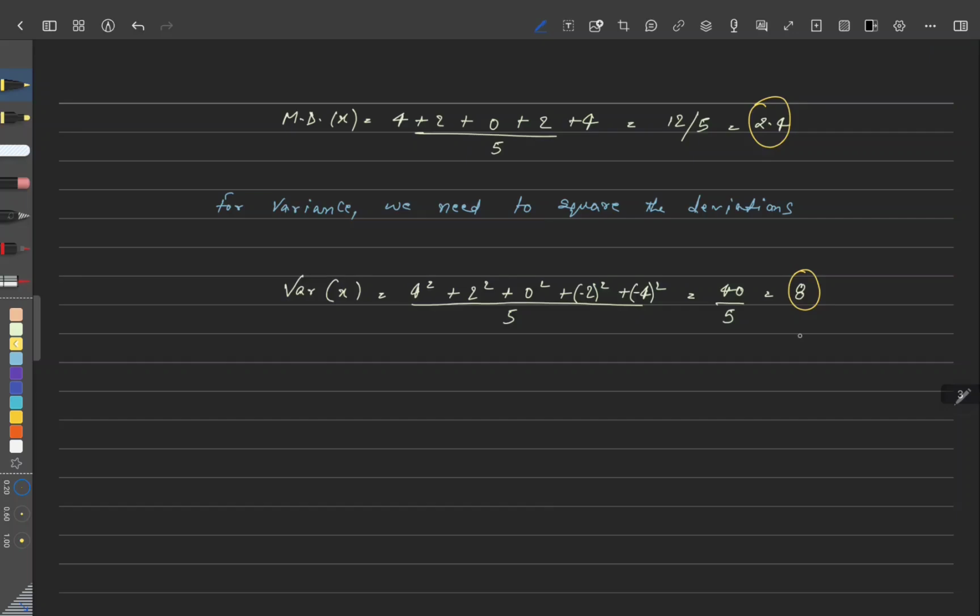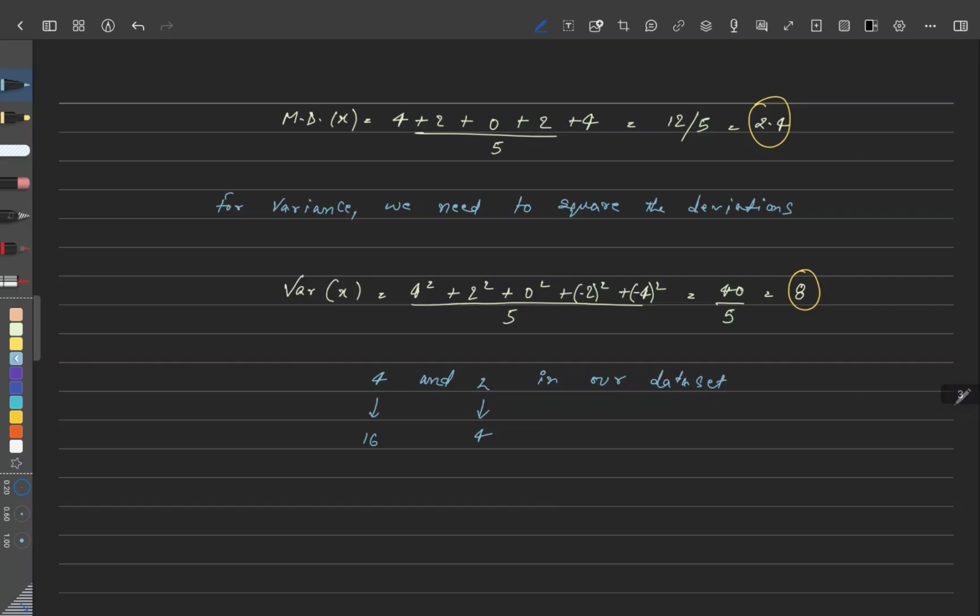Apart from the fact that it gave us a bigger number, which is 8, far greater than 2.4, notice numbers 4 and 2 in our data set. 4 is twice as big as 2, and the squared deviation of 4 is 4 times as big as the squared deviation of 2.